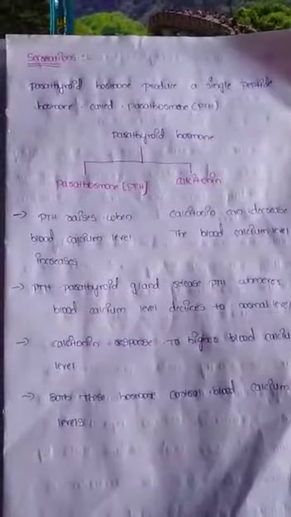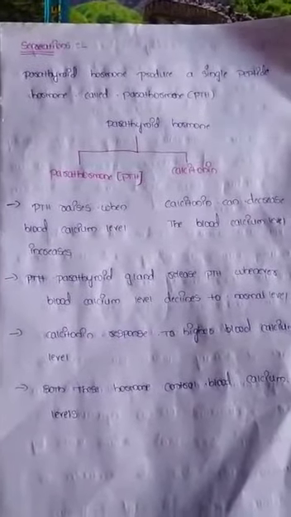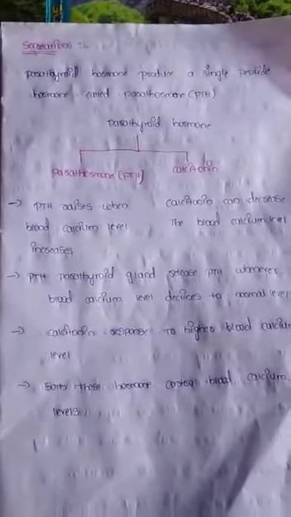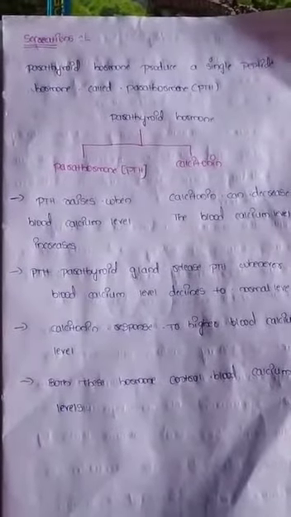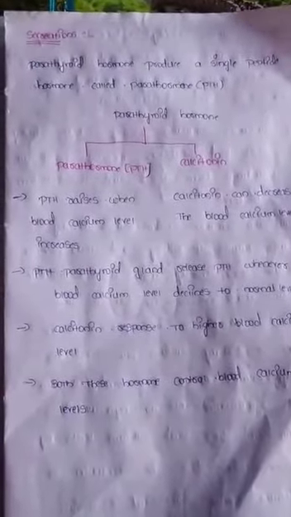Secretions of the parathyroid gland. The parathyroid gland produces a single peptide hormone called parathormone, PTH. Now, the difference between PTH and calcitonin. PTH rises when blood calcium levels decrease, and calcitonin decreases the blood calcium level.